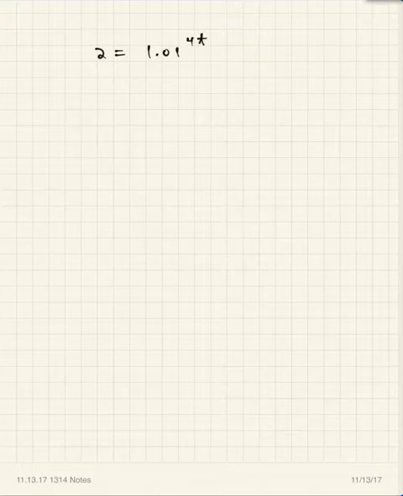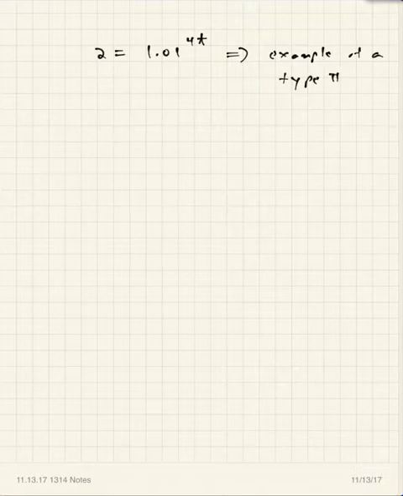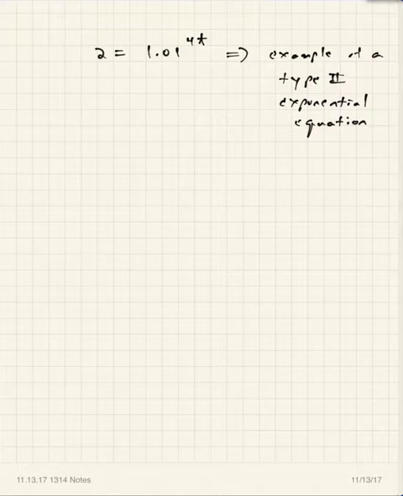And so we have 2 equals 1.01 to the 4t. This is an example of a type 2 exponential equation. The bases cannot be written so that they're the same number here. Right? The bases are not equal and are not powers of the same number.